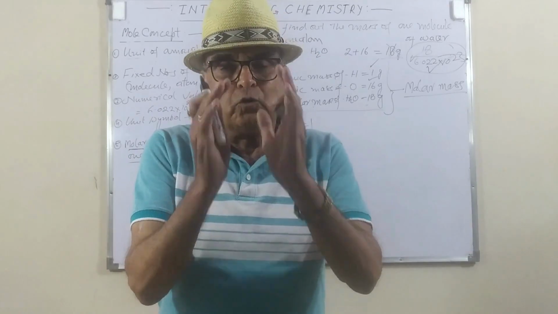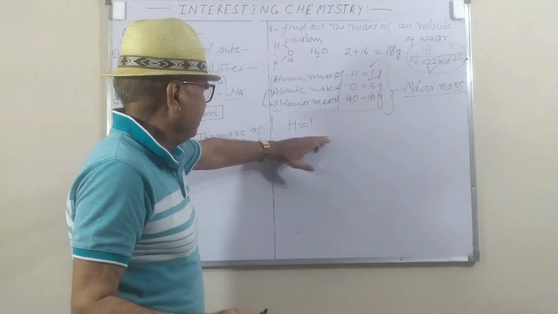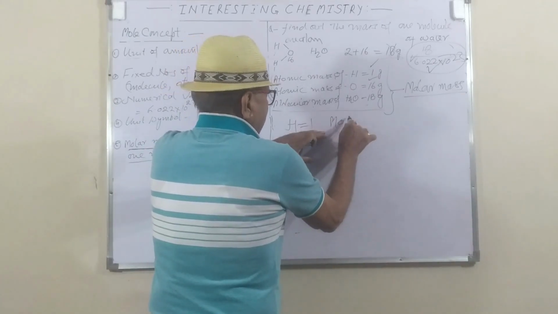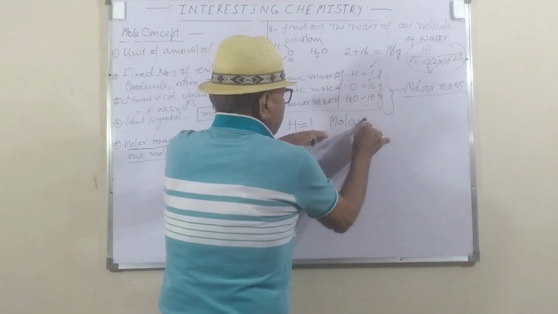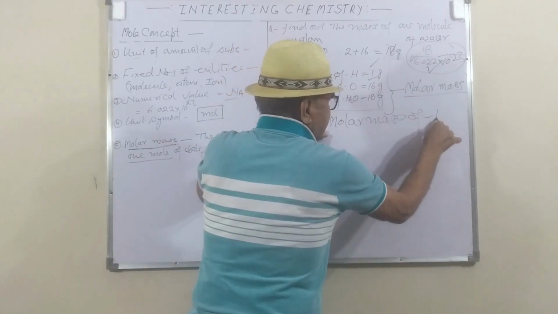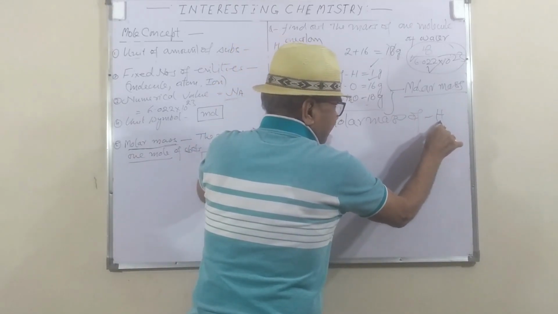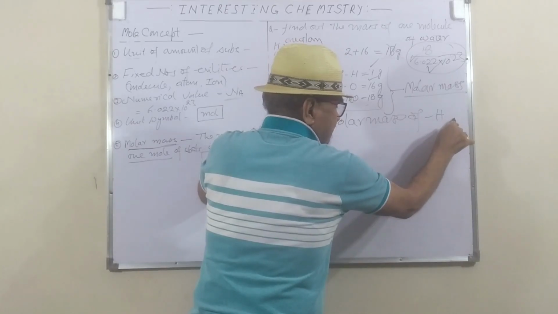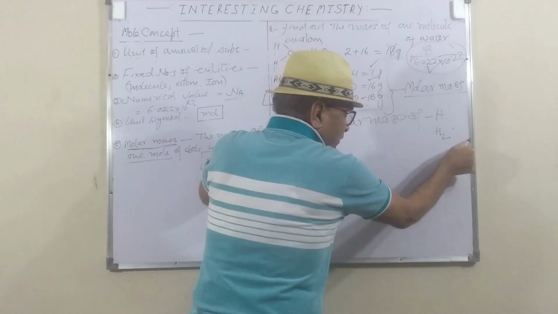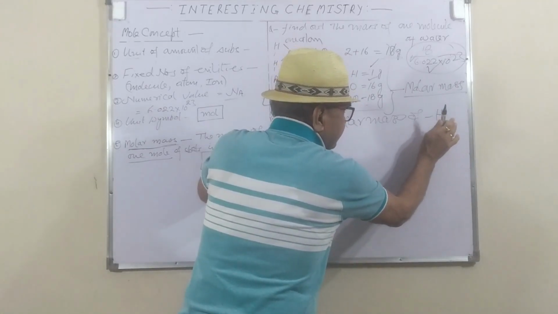So, to prove that it's not the 1 mass of an atom, it is the molar mass. H1 is the molar mass of H. H tells us about the atom, and if I take H2, then it is about the molecule. So it is about the atom.